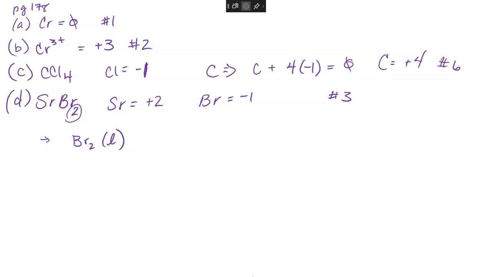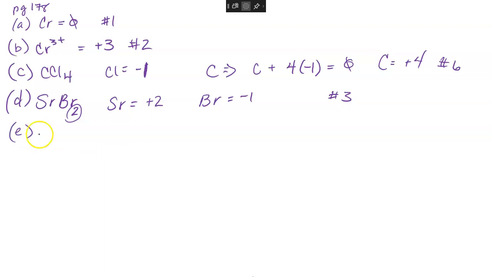But if it's part of a compound, you have to follow compound rules, and you have to figure out what type of compound. It's probably going to get a -1 unless it's a central atom. We'll keep reviewing this and practicing as we go through, because we're going to get into why we need to do oxidation numbers in a second.